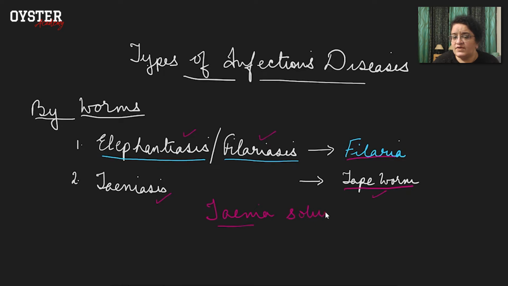The larvae of this worm are found in human excreta, and this excreta is consumed by pigs. The second stage of the larvae of this tapeworm takes place in the muscles of the pig, and if a person eats half cooked or semi-cooked pork, that is the pig's meat, it enters the human being. Infection of Taenia solium is caused in the human body.